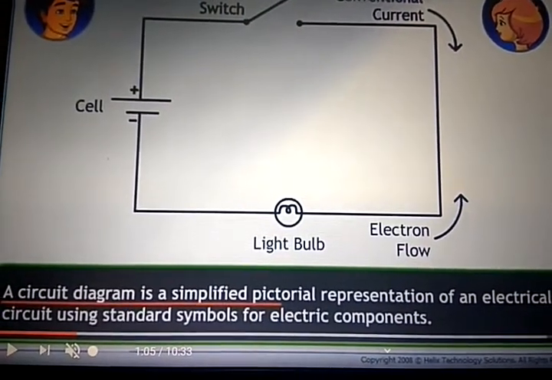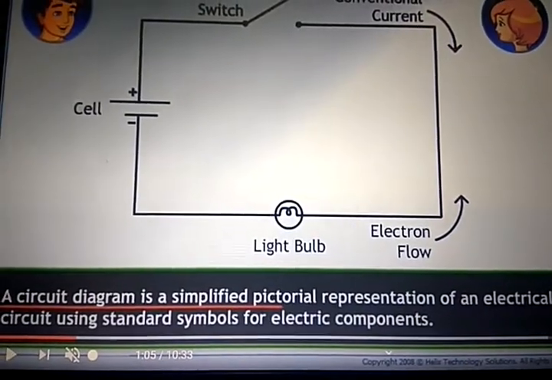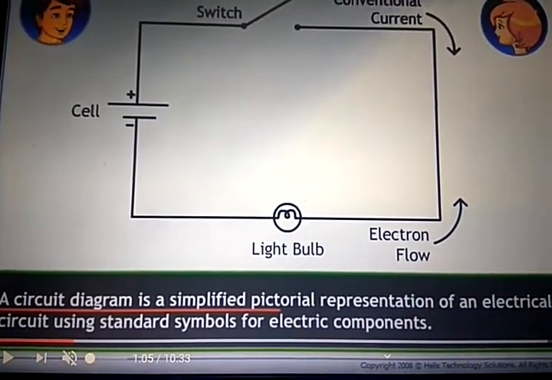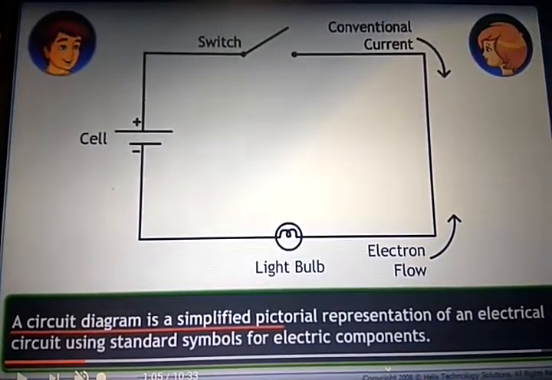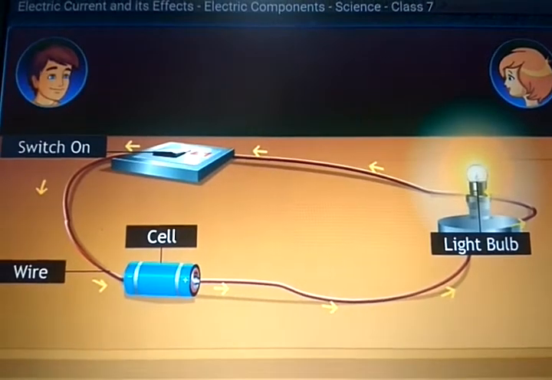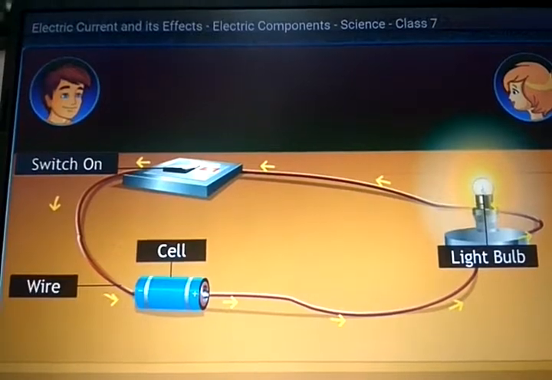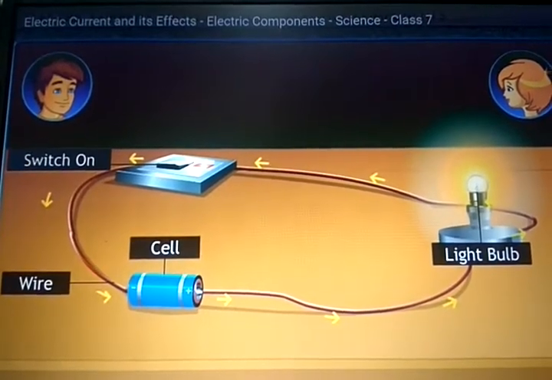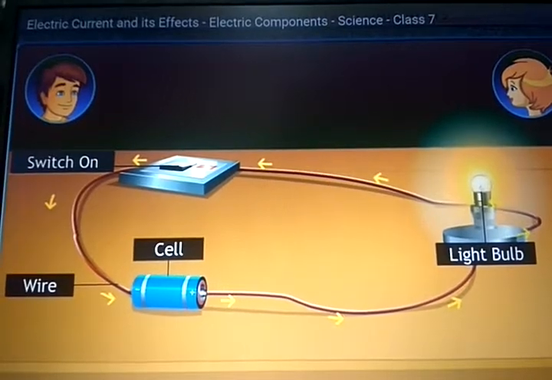Now, a circuit diagram is a simplified pictorial representation of an electrical circuit using standard symbols for electric components. Now you can see here that the connection is made: cell, wire, switch, electric bulb.